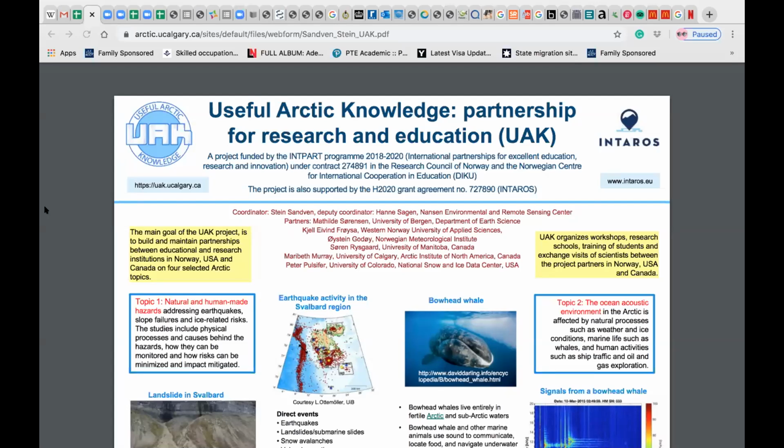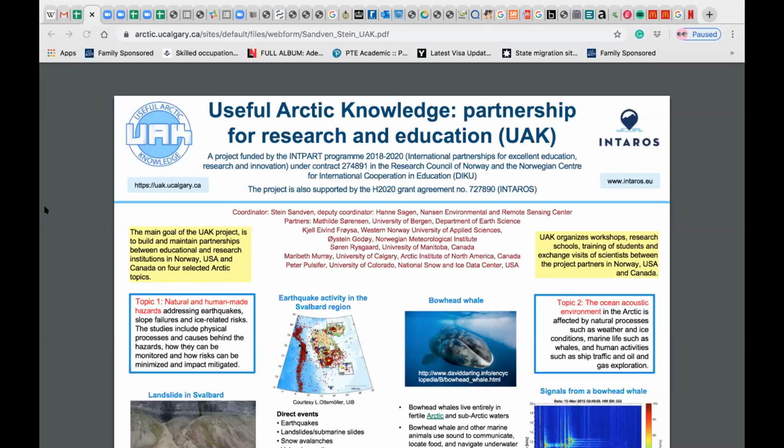We have focused on organizing workshops, research schools, and other training activities. And in the project, we have 4 different scientific topics where we have these education activities and research schools.